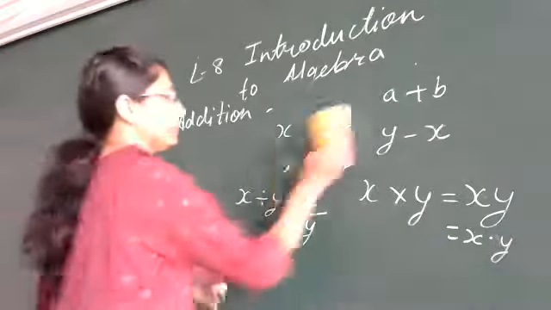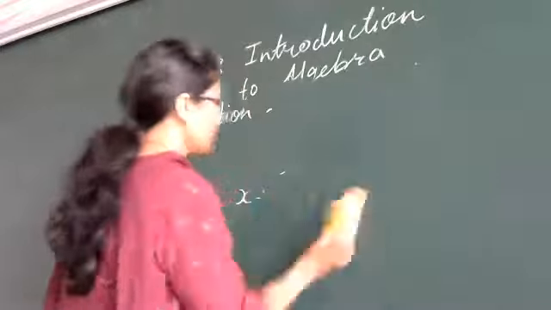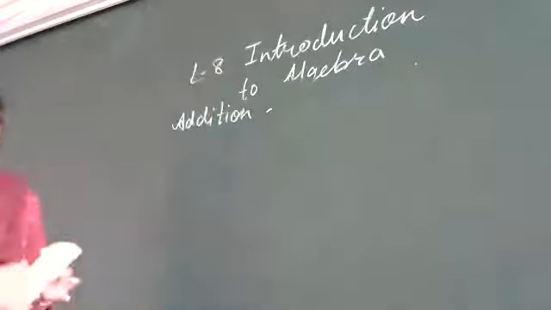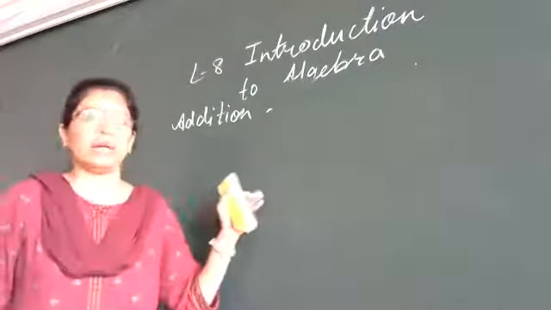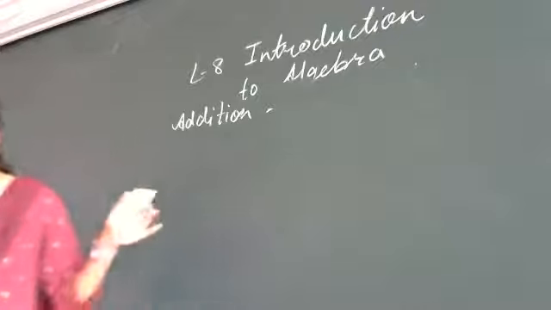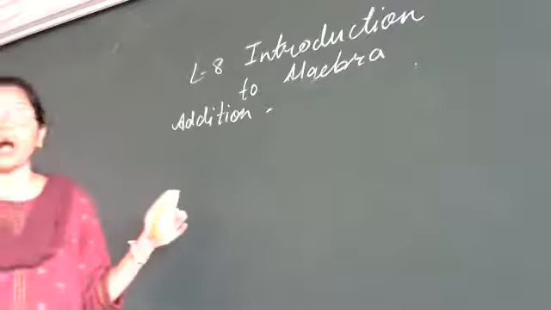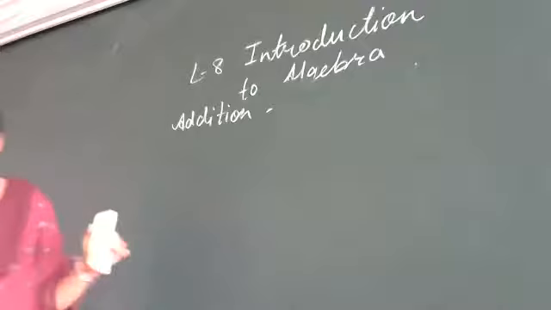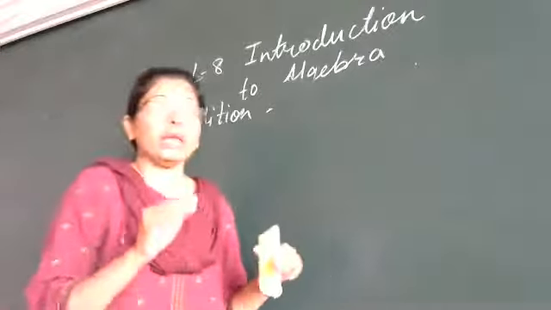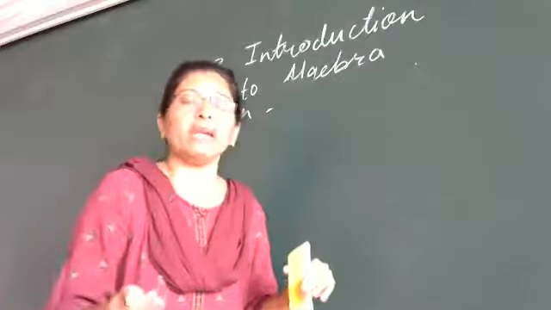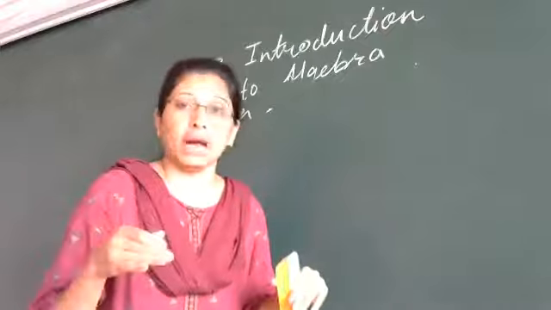Now one more thing. Next is after division. One more thing is there here in algebra, that is writing the variables in power of a variable. That means when same variable is multiplied many times.